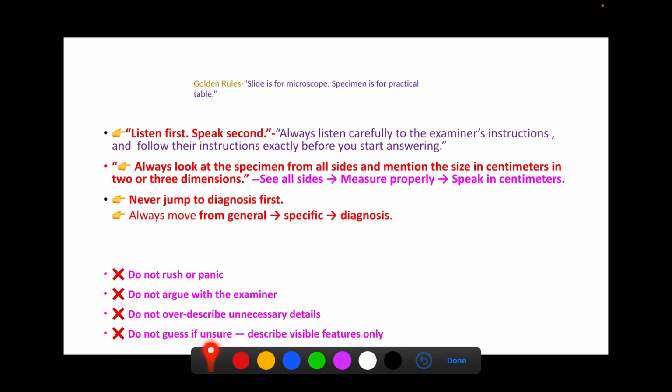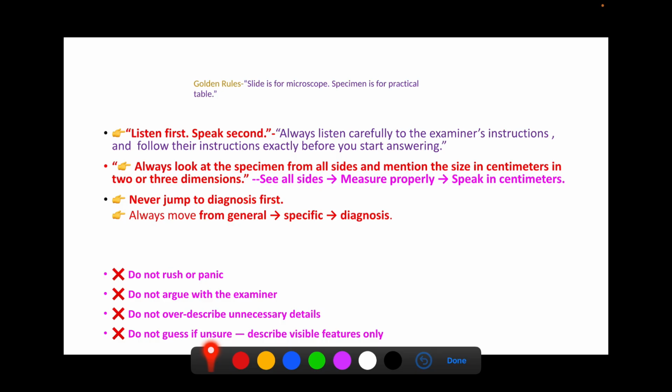Or the examiner asks you to tell directly the diagnosis of particular 5 specimens, then you follow his or her instructions. Or if the examiner says give me 5 gross specimen descriptions of your choice, then you answer accordingly. So listen first and speak second.